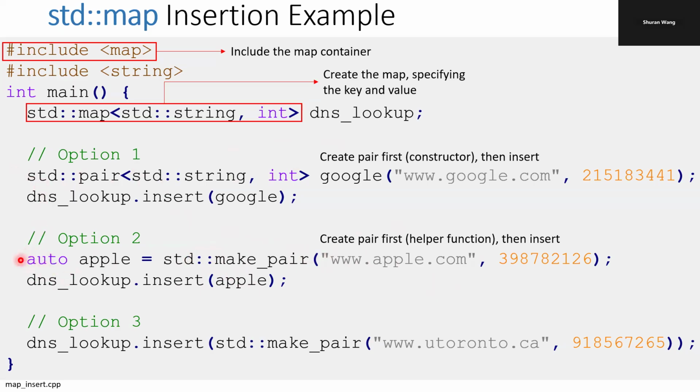So in this case, you can save it into an auto type, and this saves much typing. And then insert the pair. Option 3, you can directly insert whatever is returned from make_pair. This saves some more typing.